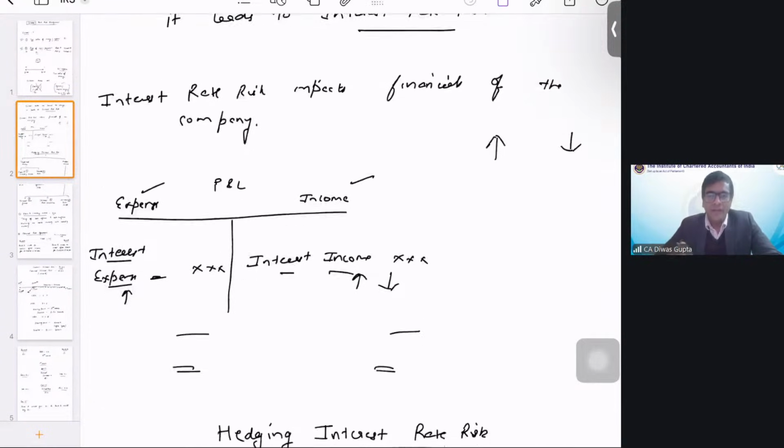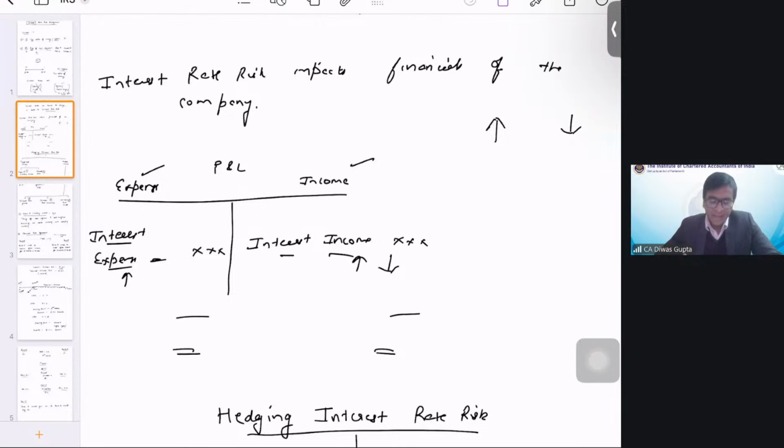However, in this example, let's say you have invested in an investment linked to the market interest rate, and similarly you have taken a borrowing also linked to the market interest rate. If tomorrow the interest rate changes, whether it increases or decreases, it will definitely impact your interest income and interest expense on both sides in the P&L, right?